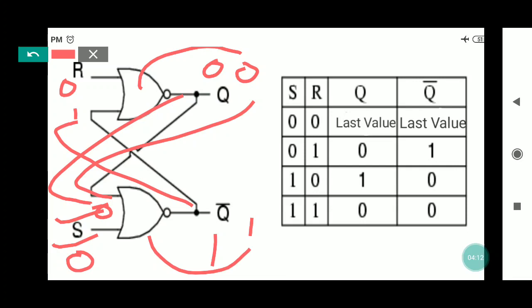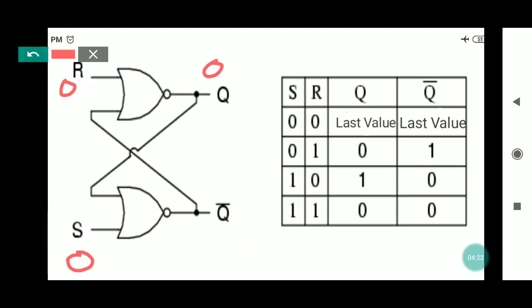So what happened here, we took 0 and 1 and we got the same value 0 and 1 at the output side. Okay, so under this first case, the values which we took previously, the flip-flop gave the same values.